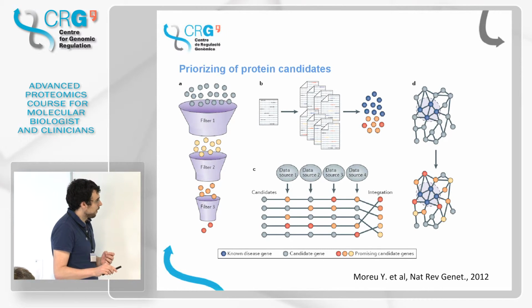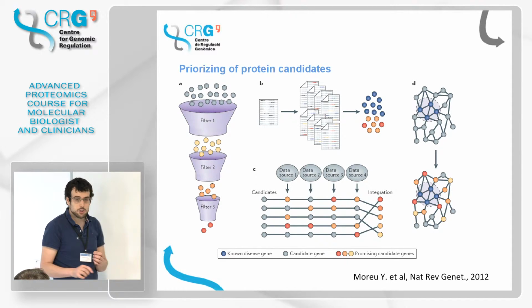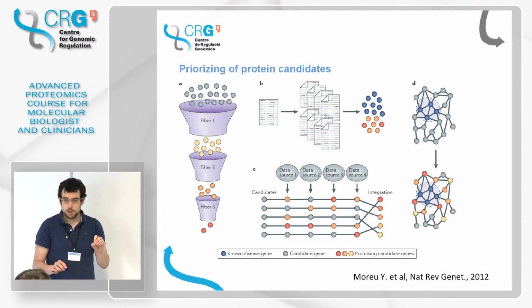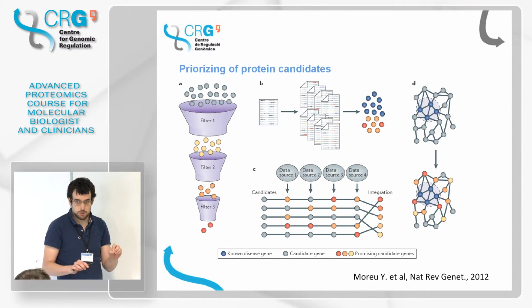And then the thing is, well, let's do some kind of analysis that lets us go from this big list to a more reduced list that allows us to go into the more relevant proteins or the more relevant network nodes, right?